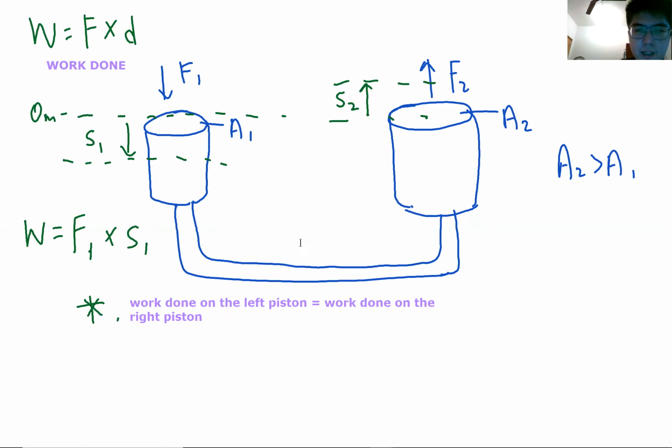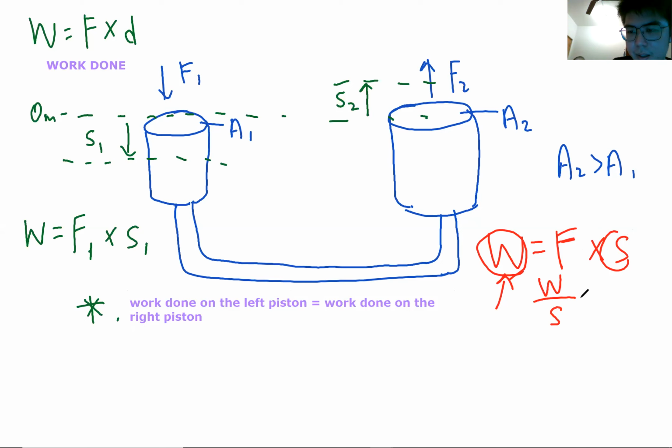Now, since the work done is the same, right? So what happens if you look at the formula? Okay, let's look at the formula here. So W equals F times S. If work is constant and my force increases, what happens to my distance? Okay, you bring this distance over there. So W over S equals F. I want to see the relationship between the distance and the force.